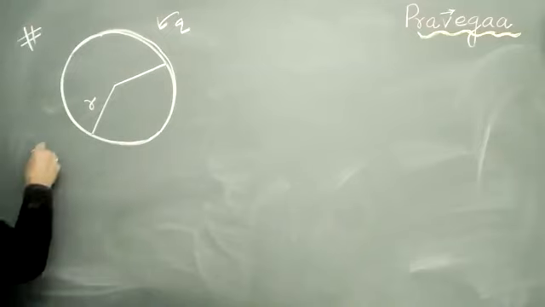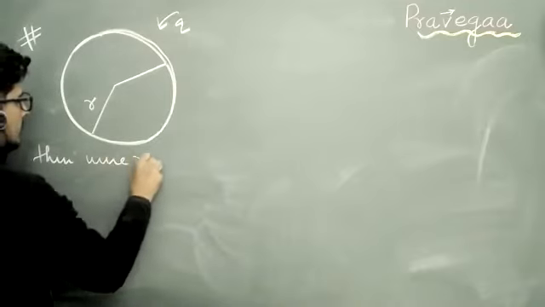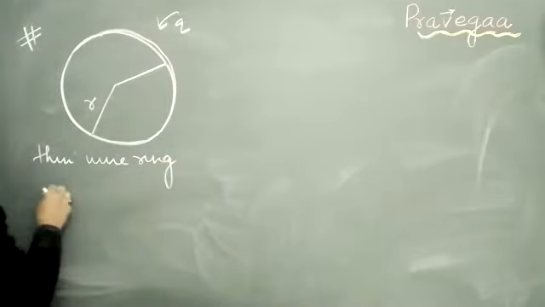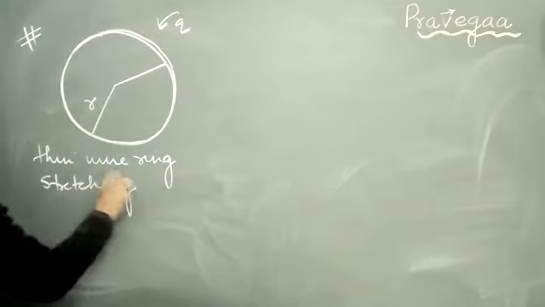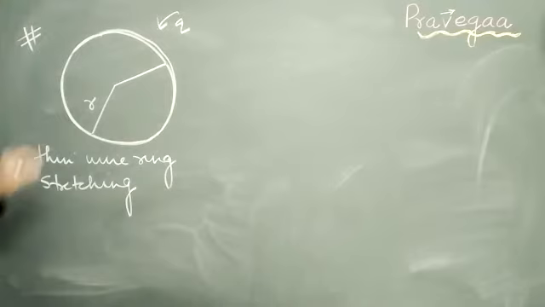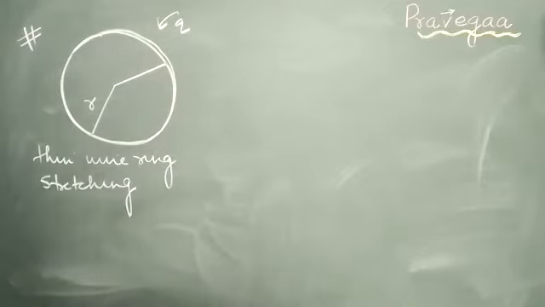So this is a thin wire ring, and any section of this wire will be feeling stretching. Is this correct or not? Correct, sir. Because of the repulsive force, it will feel stretching.